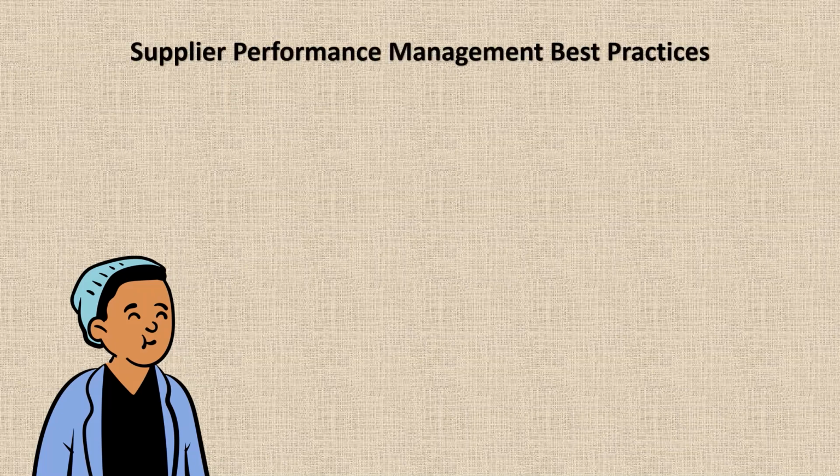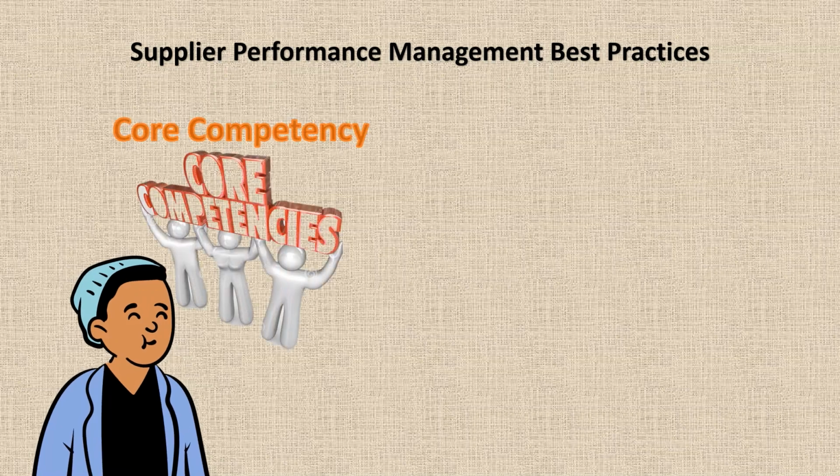There are three supplier performance management best practices. The first is that all organizations must develop a core competency to quantify and manage their risks effectively in order to be successful over time.